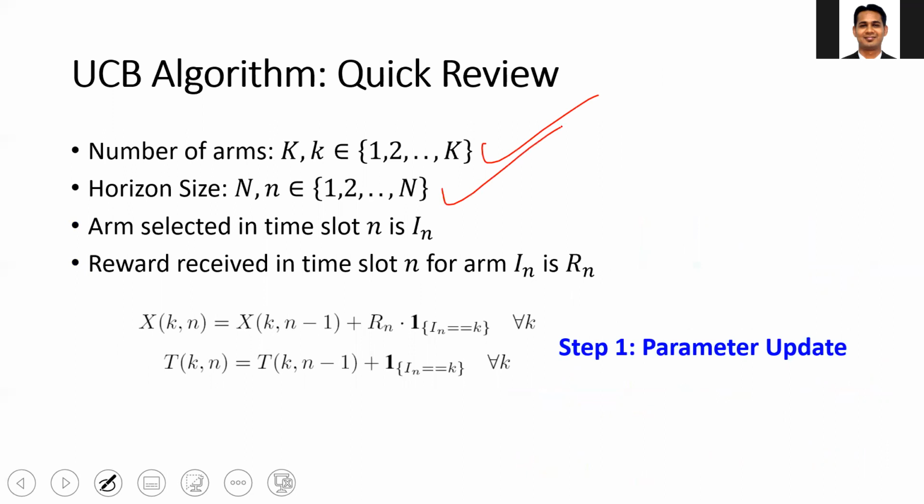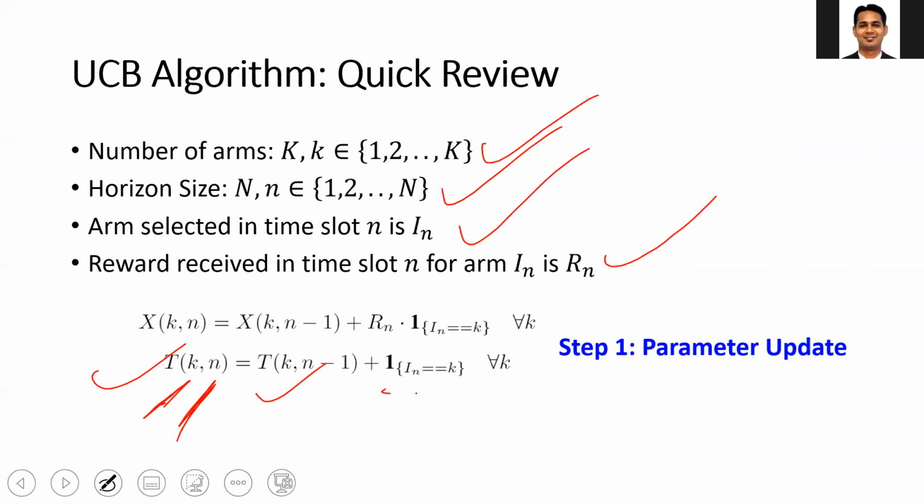In each slot you select an arm and you get the reward. Then you keep the history of your previous samples. What does T indicate? How many times I have selected the arm k till the time slot n. If I have selected the arm k, I'll increment this by 1.